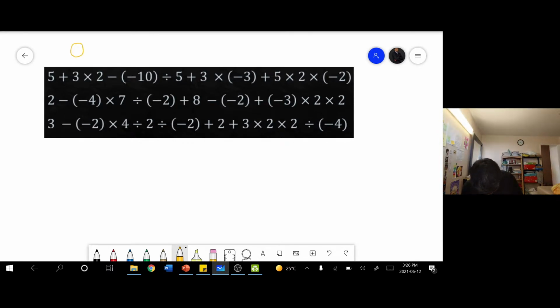Let's write that. So it's an order of operations. Right, and just to remind ourselves, of course, we're going to follow the BEDMAS rule.